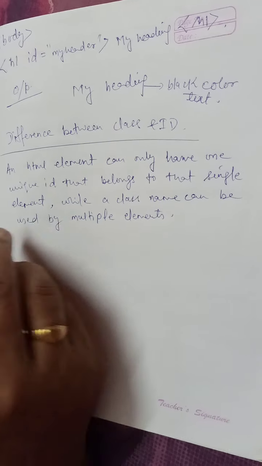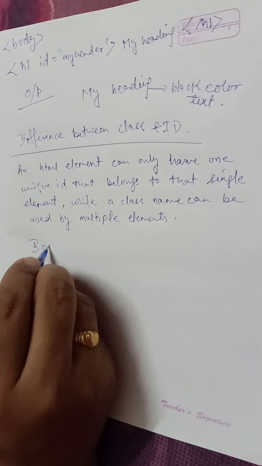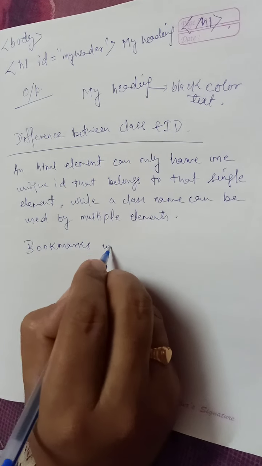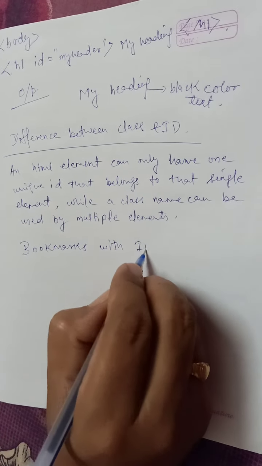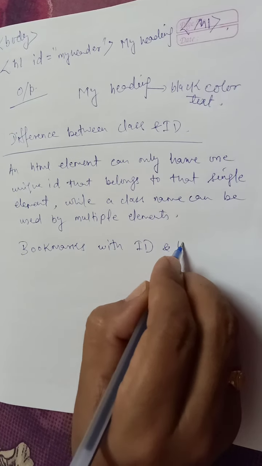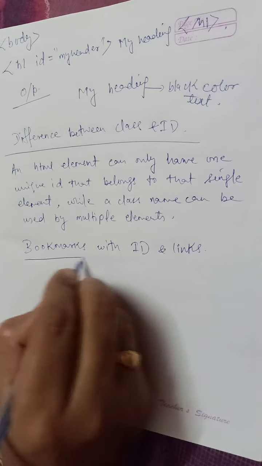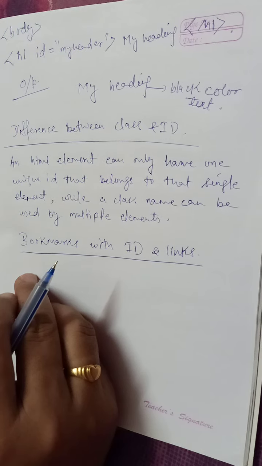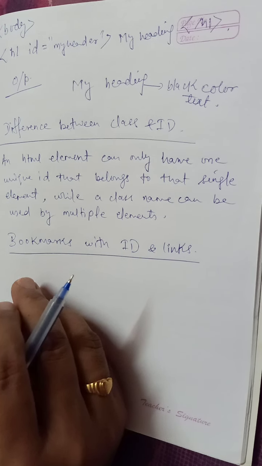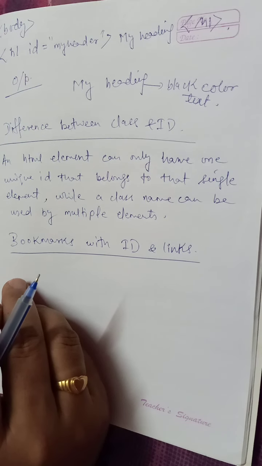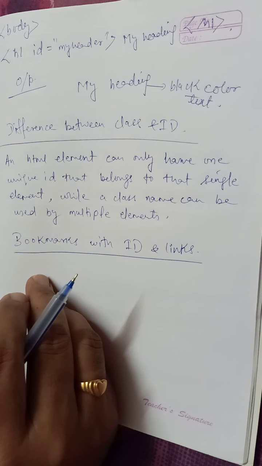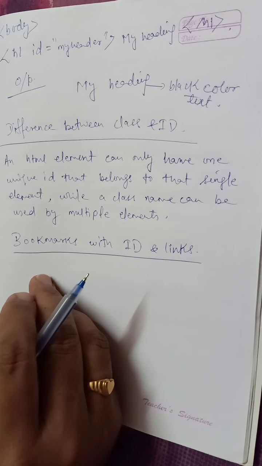Now let's come to bookmarks with ID and links. HTML bookmarks are used to allow readers to jump to a specific part of a web page. Bookmarks are useful when the web page is very long. So how to do that?